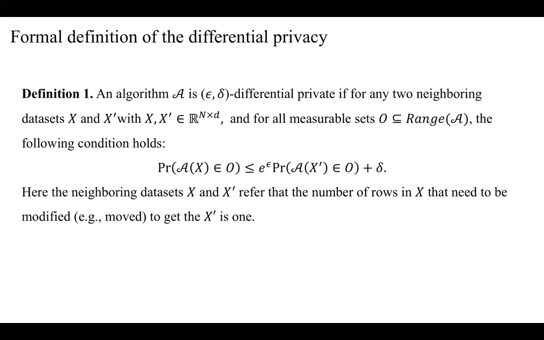Here, neighboring datasets x and x prime means that the number of rows in x that need to be modified to get x prime is 1. Intuitively, this inequality implies that when we input x or x prime into an algorithm, the probability that the output belongs to the measurable set O will be very similar.